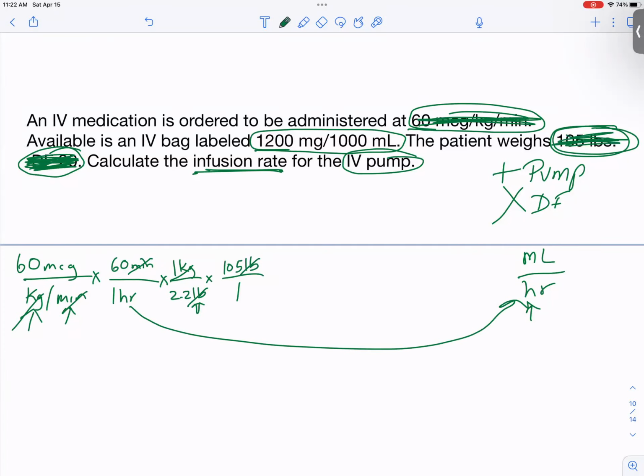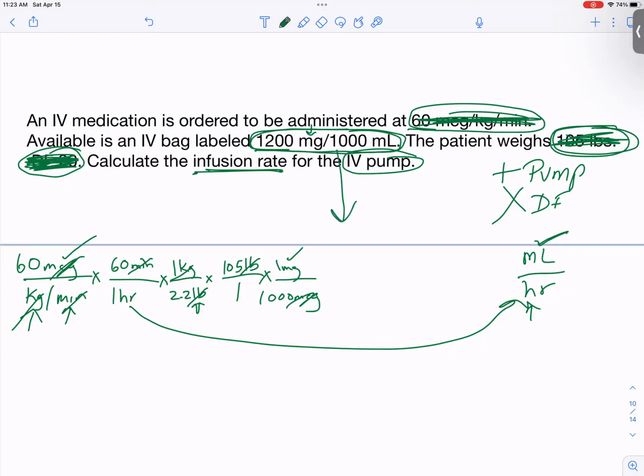So now I have to get rid of micrograms, and I have to get to milliliters. Well, the only thing I haven't used is this concentration. But again, it is in milligrams, so I have micrograms. I have a conversion. 1 milligram is 1,000 micrograms. Got rid of my micrograms. Now I have to get rid of milligrams.